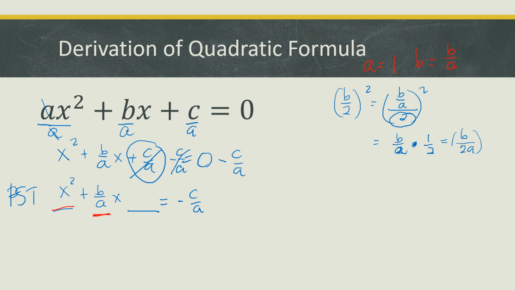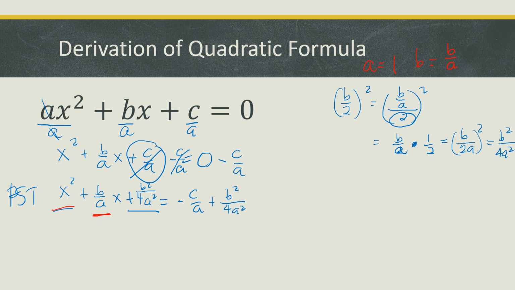And then we will now get the square. So the square is b squared over 4a squared. That is now what we are going to add. Plus b squared over 4a squared. So add to both sides b squared over 4a squared.